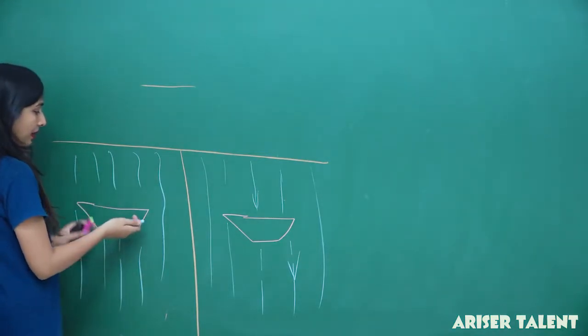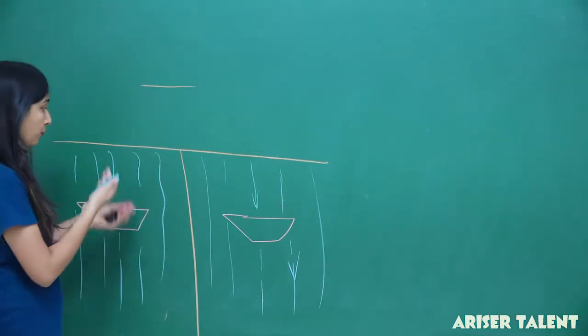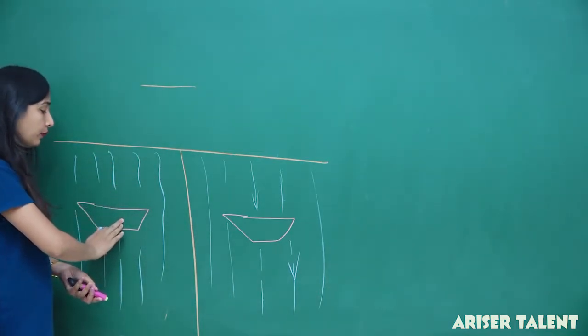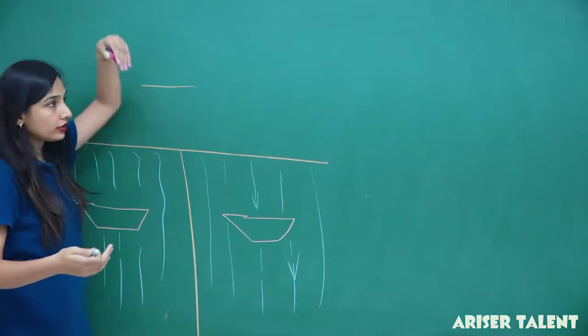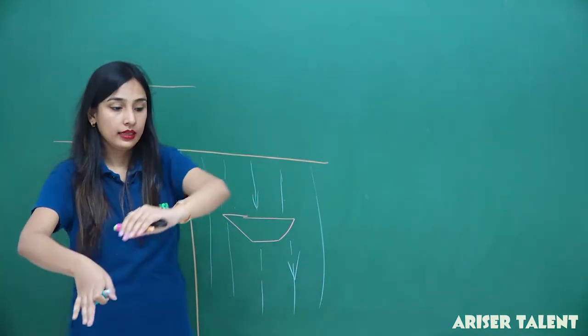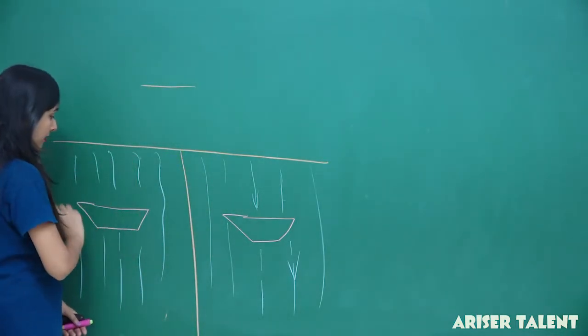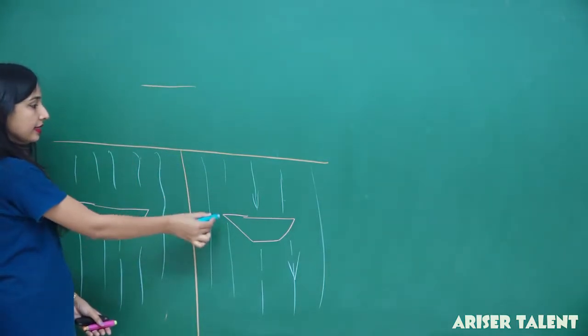Don't tell me that ma'am you have made this like this. No, I just can't make a top view for that. Assume that this is a boat and the water is coming like this and the boat is going like this. Understood. Now, this is the first condition and this is the second condition.